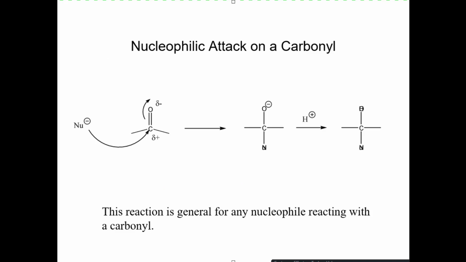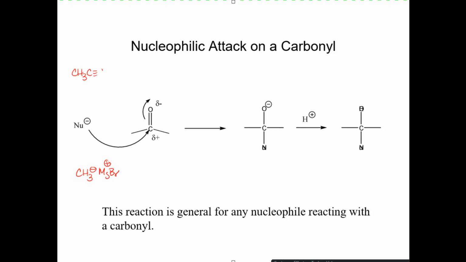Okay, so what do you do when you have a C minus? Once I have a C minus, let's say I make my CH3 minus with my MgBr plus, what I'm going to primarily do is react those with carbonyls. So this is kind of a review.